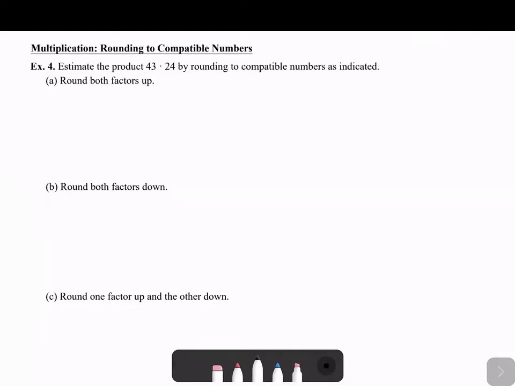So in order to round both factors up, I'm going to say, okay, what if I round this first one to 45 and the second one to 30? Okay, what am I going to get then? Because we rounded them both up and one of them is a multiple of 10, it's a little bit easier to multiply. So if we round it to 45 times 30, this is going to be 1350.